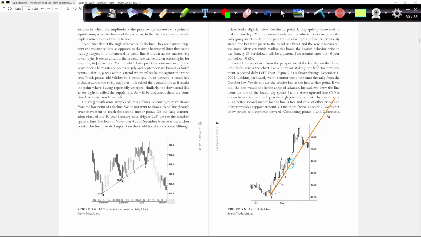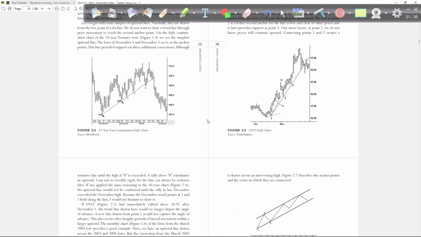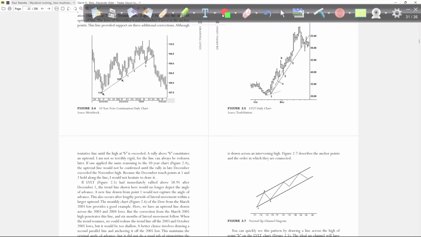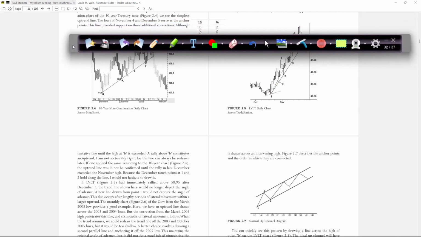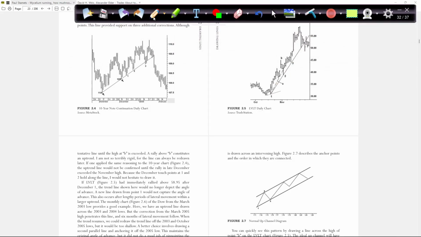Connecting points 1 and 2 creates a tentative line until the high at B is exceeded.